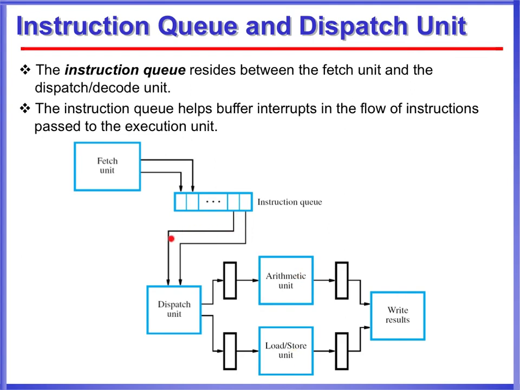So, these 2 instructions that come in here, the dispatch unit looks at them and goes, oh, one's an add instruction. I'm going to send that one here. The other one's a store instruction. I'm going to send that one here. Okay, 2 different instructions require 2 different types of processing. We'll send them in parallel through these 2 parallel paths.